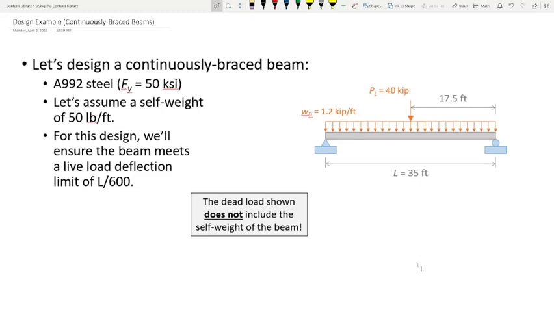In reality, that beam is seeing 40,000 pounds right in the middle, and if you spread it out, the moments are not going to accurately reflect that. We're going to design a beam to withstand all this. We're going to ensure that the beam meets a live load deflection limit of L over 600. So for this structure, I'm really tightly controlling my deflection limits.